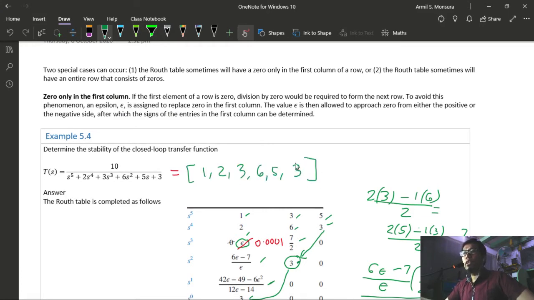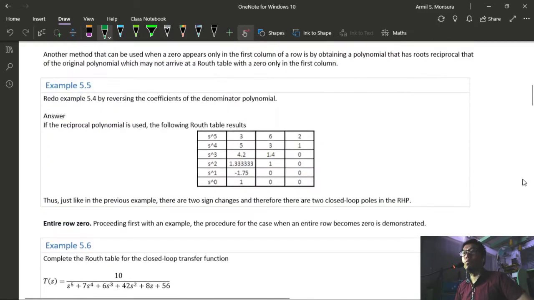Okay. Let's write it now as its reverse, which is 3, 5, 6, 3, 2, 1. Okay. So that's what we will write now, or that's what we'll put in our route table now. So in which case, we will have the following.